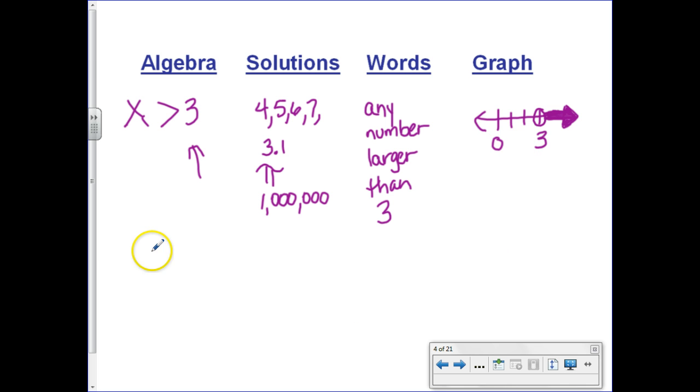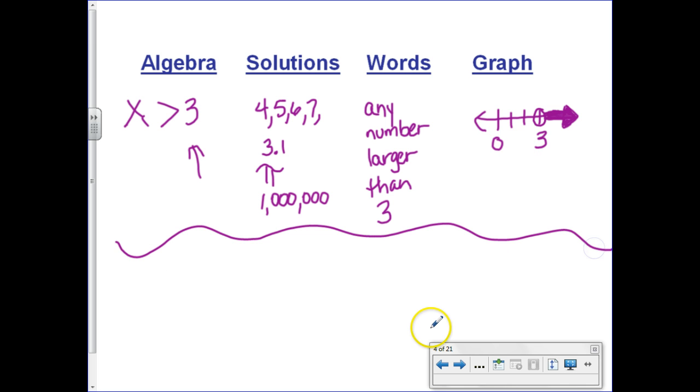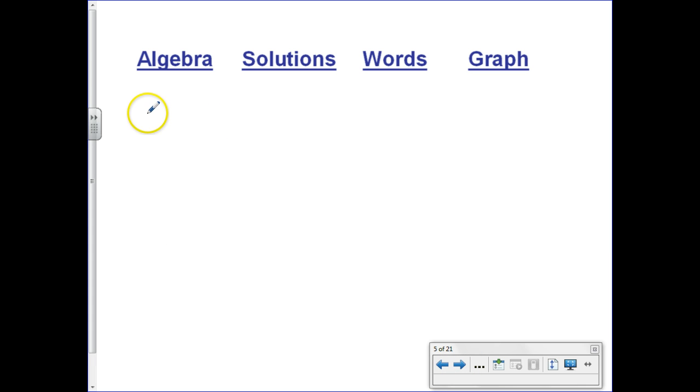All right, let's try another one. So you can just put a squiggle on your columns here. I'm going to get a clean screen. All right, what if I say x is less than or equal to 5? Something like that. Well, here again, we could start listing numbers that are less than 5. 4, 3, 2.